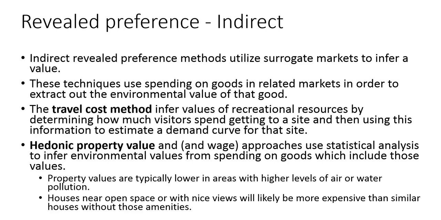So for example, property values are lower in places that have a lot of air pollution. Or a housing price is lower if it's located near a hazardous waste facility. So the hedonic property value approach uses the difference in those prices to estimate the value of avoiding the air pollution or the hazardous waste facility.